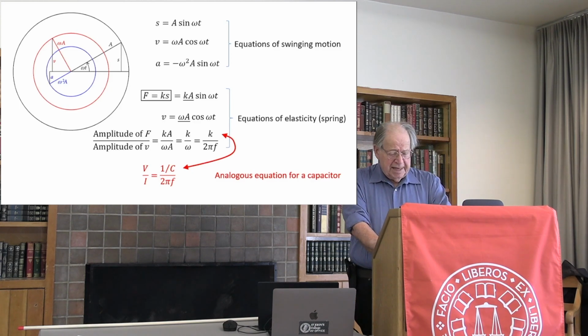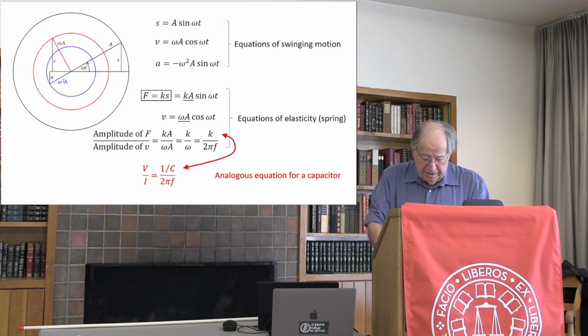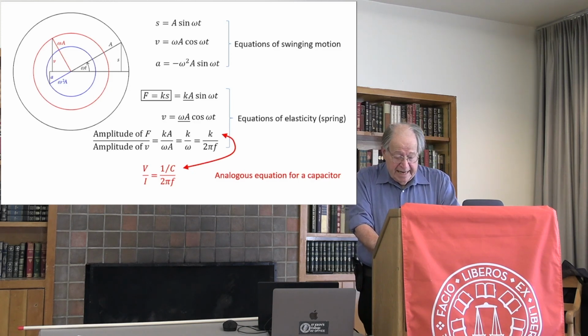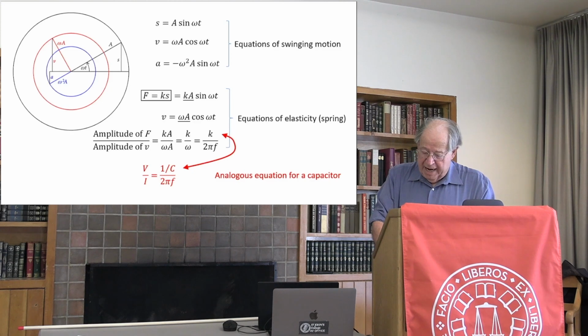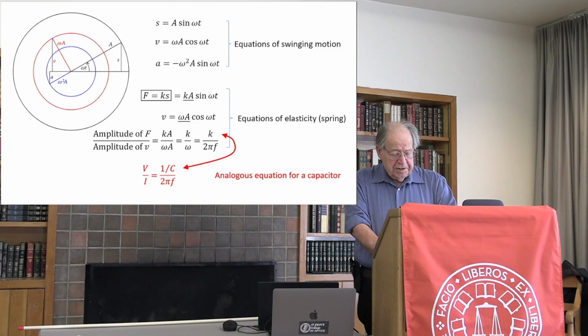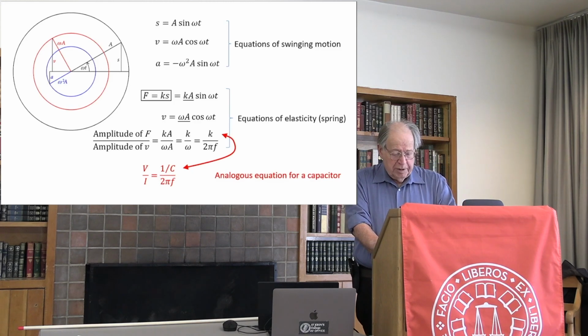Expressing the mechanical and electrical ratios in the same mathematical form yields force over velocity equals k over 2 pi f, and v over I equals 1 over c over 2 pi f, where 1 over c represents some property of a capacitor that corresponds to k, the coefficient of elasticity of a spring.